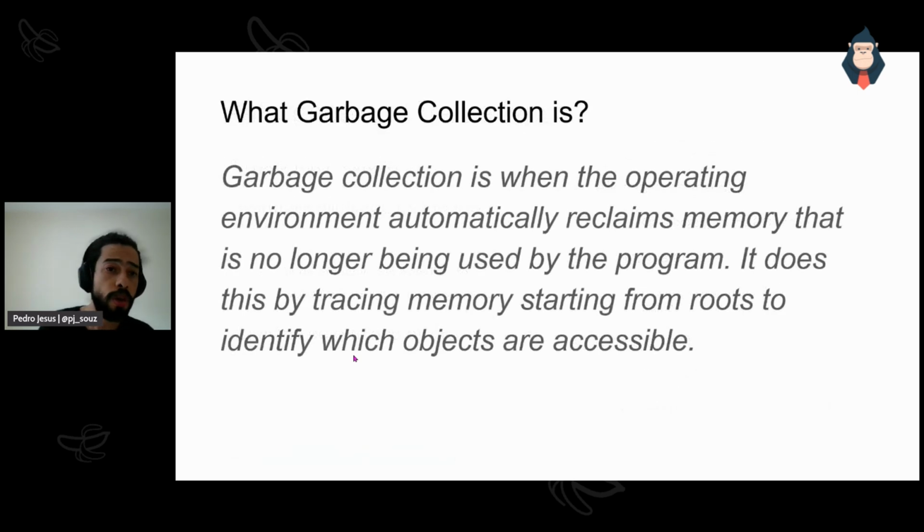And going further, the definition of what is garbage collection. Garbage collection is when the operating environment automatically reclaims memory that is no longer being used by the program. It does it by tracing memory starting from roots to identify which objects are accessible. I'm pretty sure that most of you have already heard this definition.